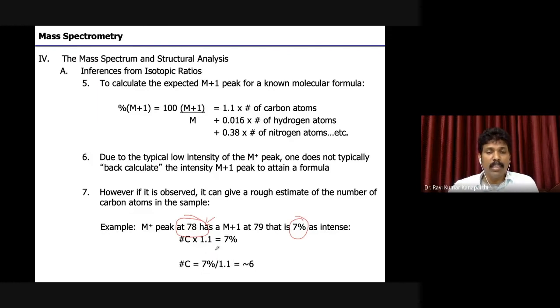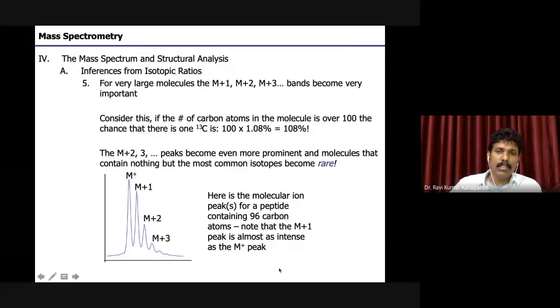That means there is a high chance that it has almost six carbon atoms. Why am I saying 6 carbons? Because you can divide the percentage you see in the mass spectrum, the intensity of that M+1 peak, by 1.1, and it will give you roughly 6. So this is the kind of rough estimate that you can always make.